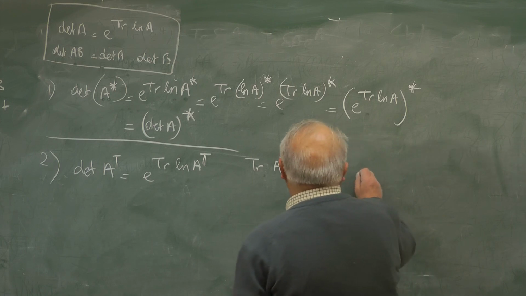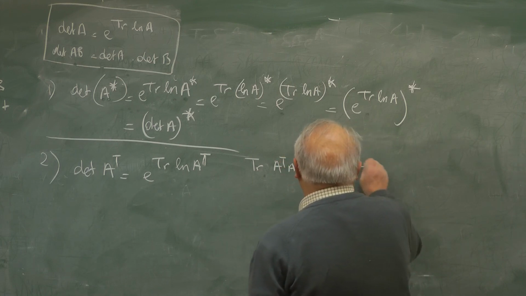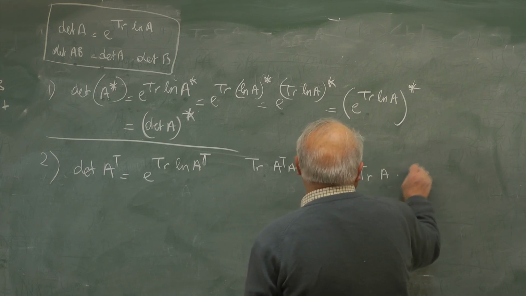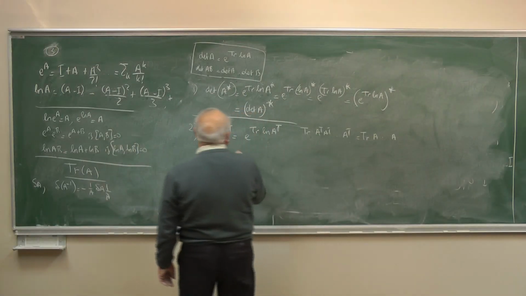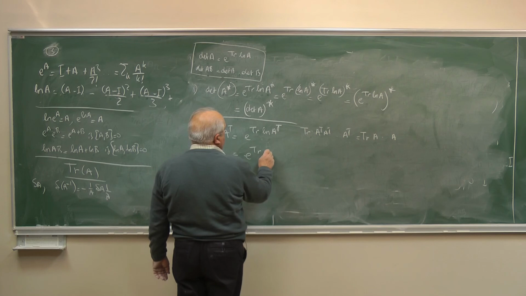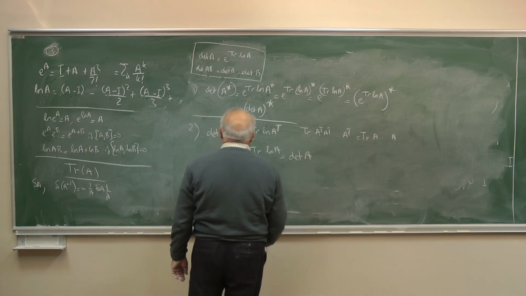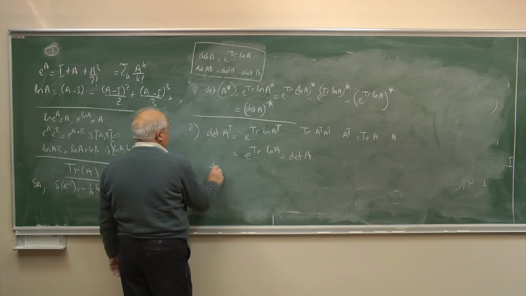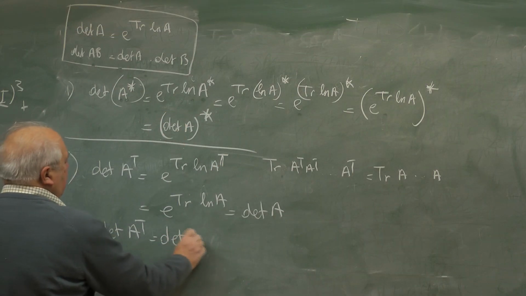This is the same thing as trace A. So it is equal to e to the trace log A, which is determinant A. So determinant of the transpose is the same thing as determinant A.